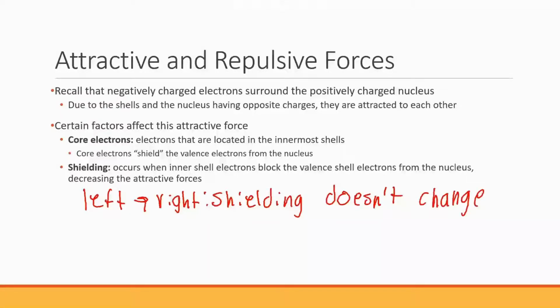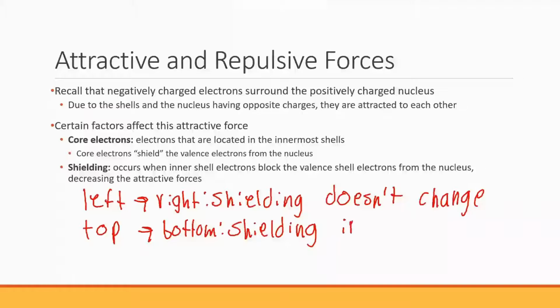However, when we saw going down a group, or top to bottom, shielding increased, or force of attraction decreased. And that was because we were literally adding more core electrons as we were going down the periodic table.